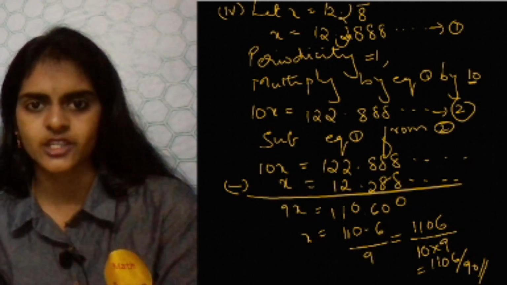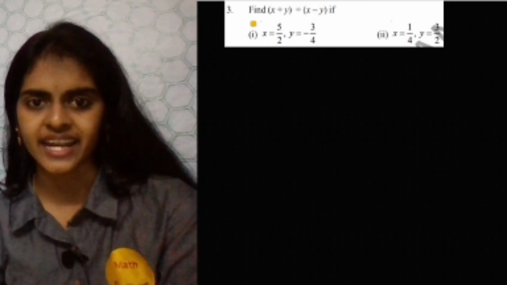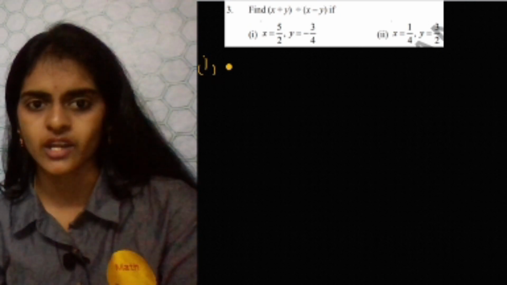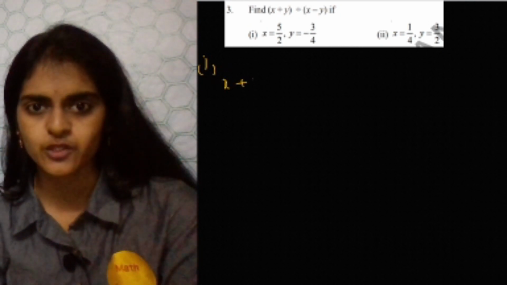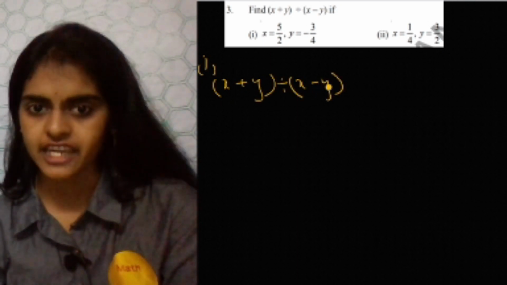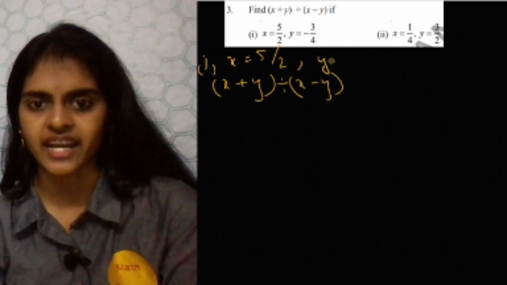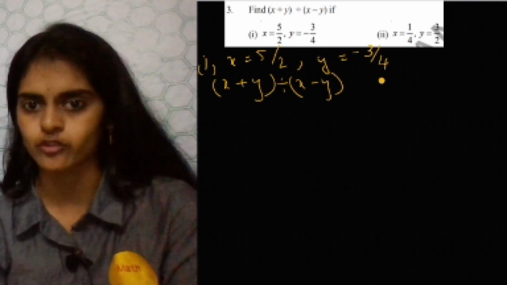So let us move on to the next question now. The third question is, what do you have to find? You have to find x plus y divided by x minus y, if x is nothing but 5 by 2 and y is nothing but minus 3 by 4.